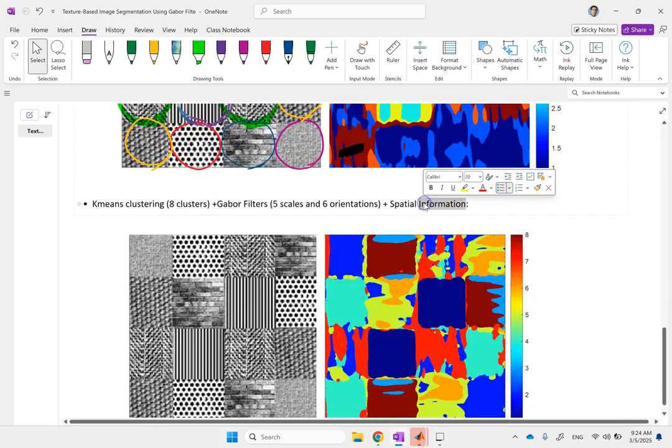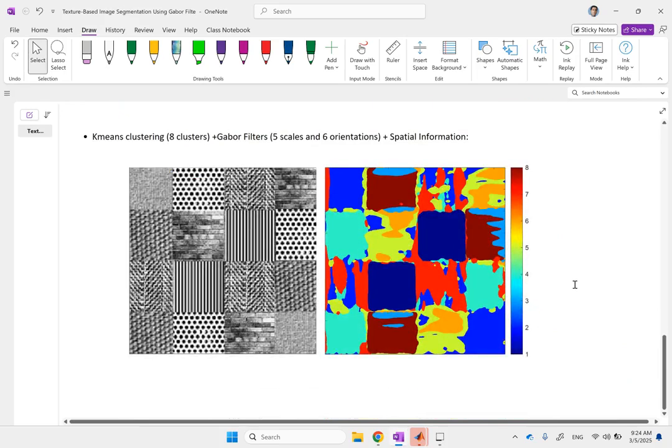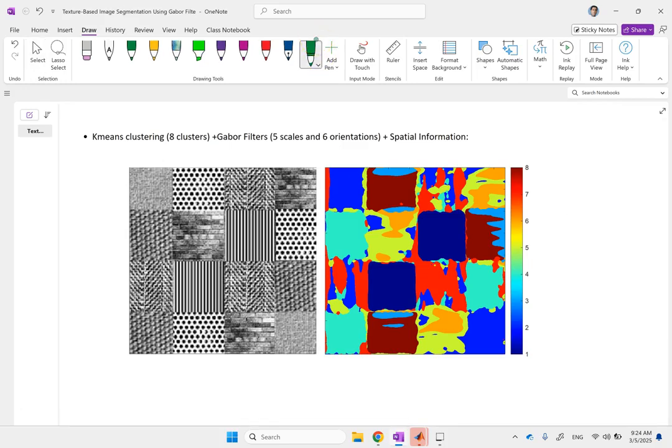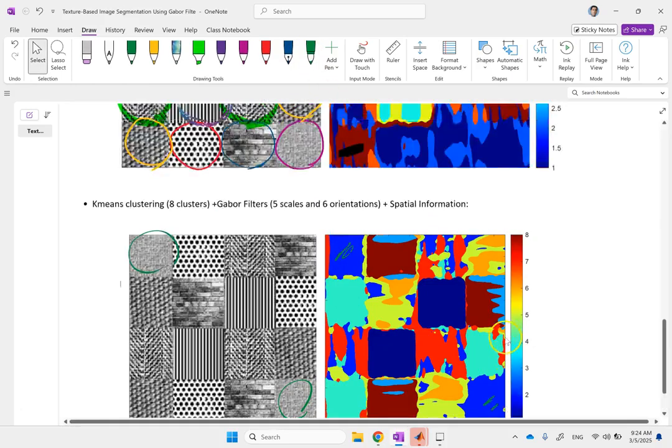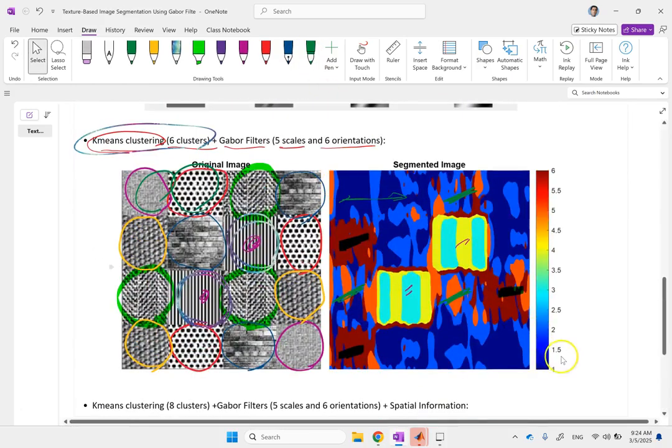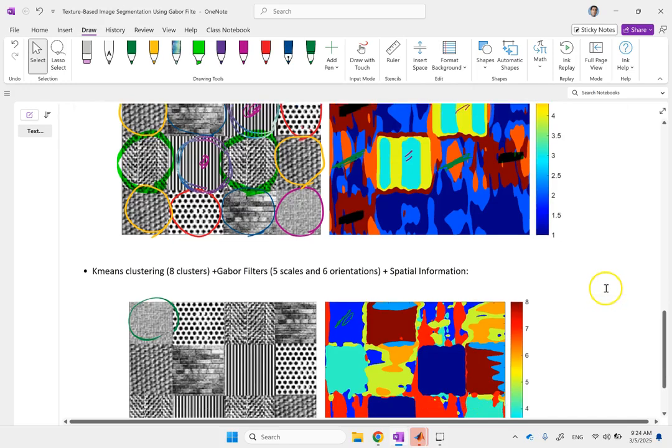I add X and Y to the texture. So now you have to segment based on X and Y plus whether they are close to each other or not. And now if you look, you clearly see that these two are much better separated than the rest of them. Very clear. You see those dark blue ones. Here you see they are not separated from the rest.